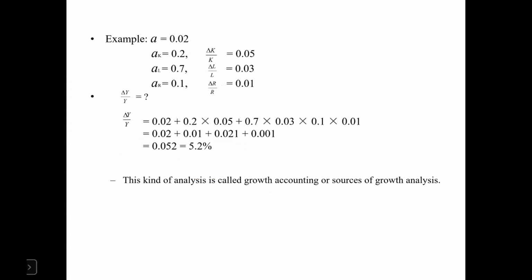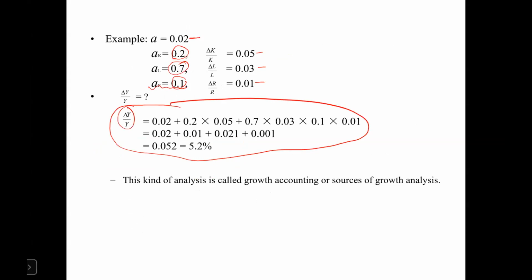Here is an example. If we assume alpha K equals 0.2, alpha L equals 0.7, and alpha R, other resources, equals 0.1. So those are the growth rates, and we suppose this equation holds.